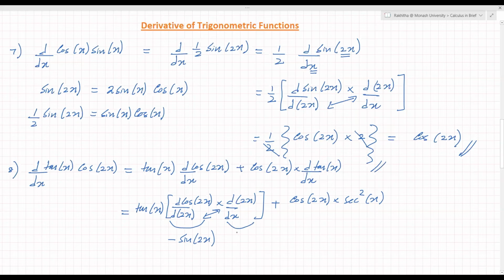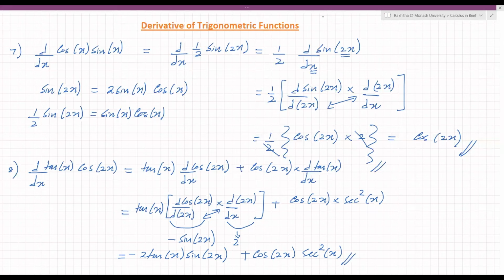And from here, you will get 2. So finally, you can conclude this 2, so I will put minus here, 2 tan x sine 2x, and from this part you get plus cos 2x times sec squared x. I can't see any further simplification, so I will leave the answer in this way.